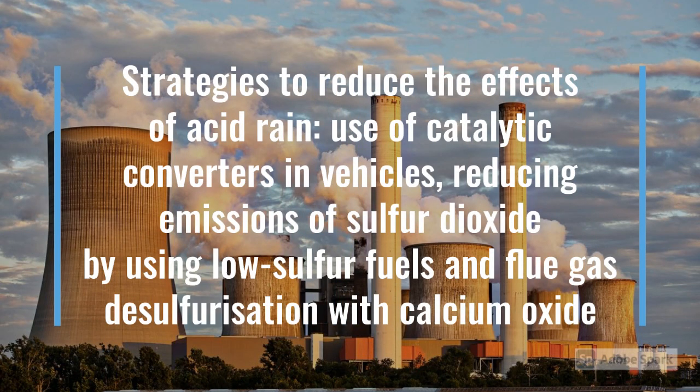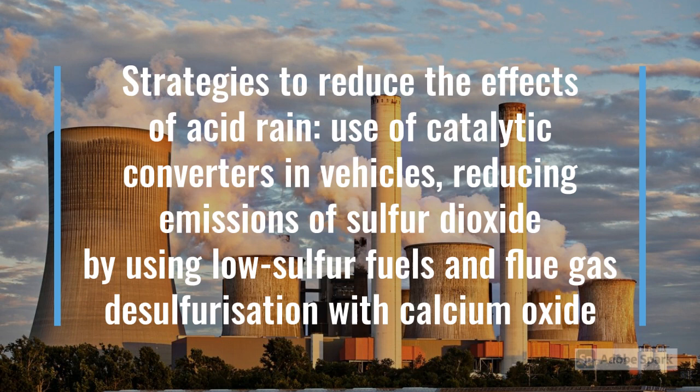We also need to support strategies to reduce the effects of acid rain with the following: using catalytic converters in vehicles, reducing emissions of sulfur dioxide by using low-sulfur fuels, and enhancing the process of cleaning flue gases from power stations using a process called flue gas desulfurisation.